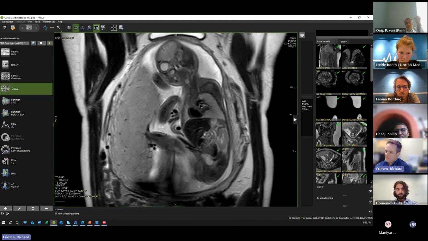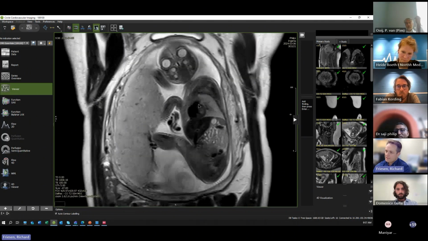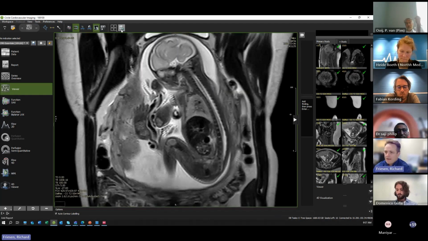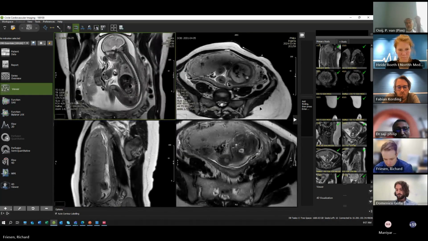And again, on the left side, we see the left pulmonary artery quite nicely, and this is the beginning of the ductus arteriosus. So that was our initial look at the maternal localizers.